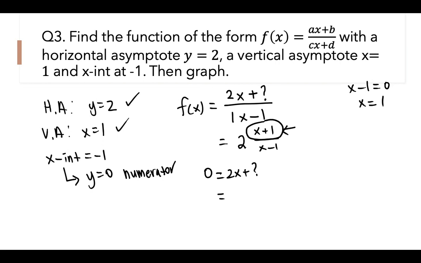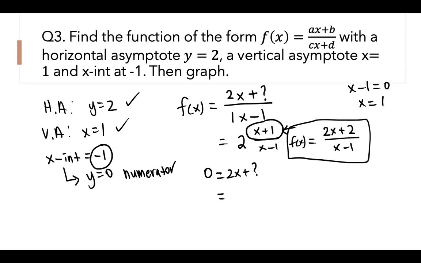And if I want to put it together, it could also look like 2x plus 2 over x minus 1. But I thought this might be easier to figure out because we know the numerator has to give me 0 when x is -1. So therefore, my equation will look like this.